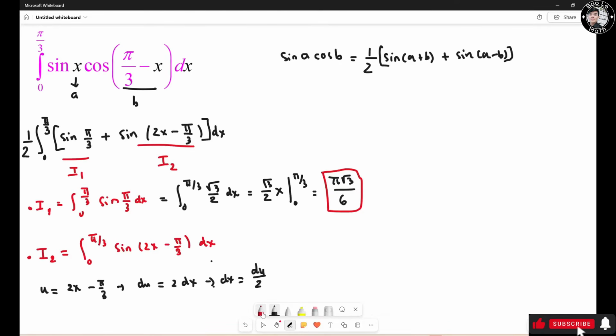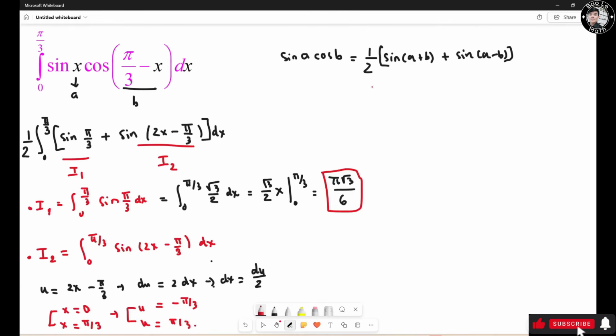Now we need to change the lower and upper bounds. When s equals 0 and s equals pi over 3, u becomes negative pi over 3 and pi over 3.